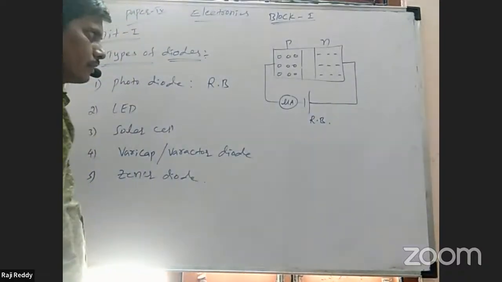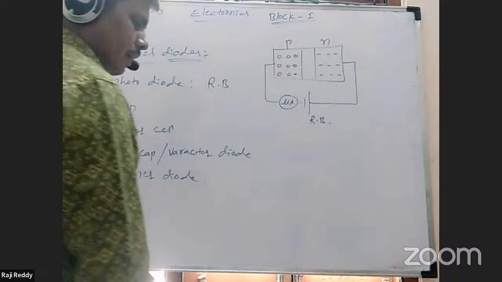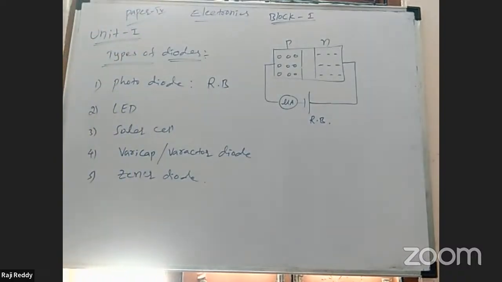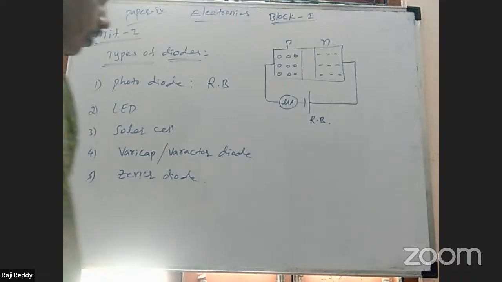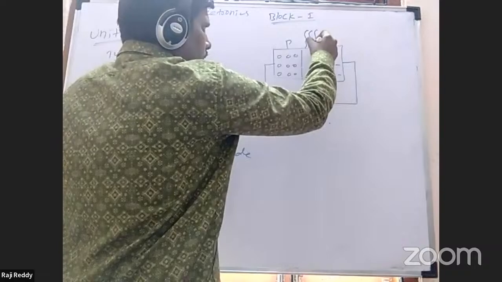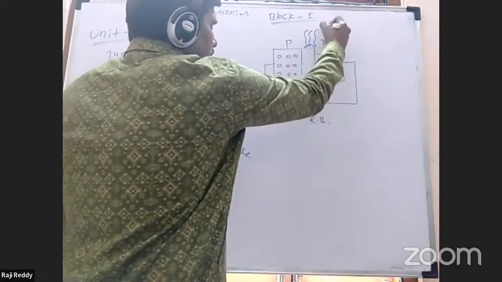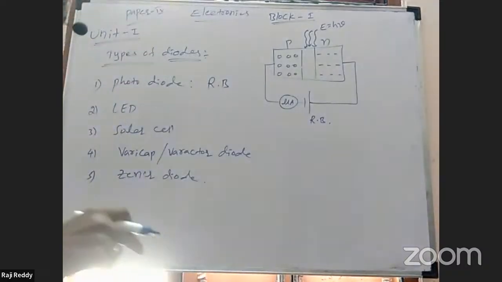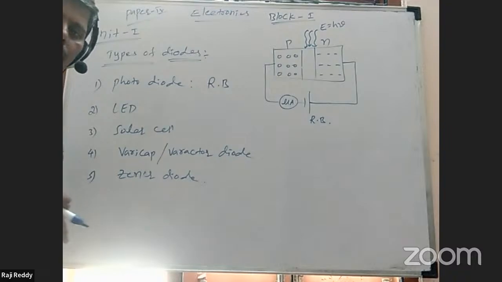Now, light, or a quantum particle, is allowed to fall on the depletion layer. E is equal to h nu. According to quantum theory, light is a bundle of energy packets, E equals h nu, a quantum particle.